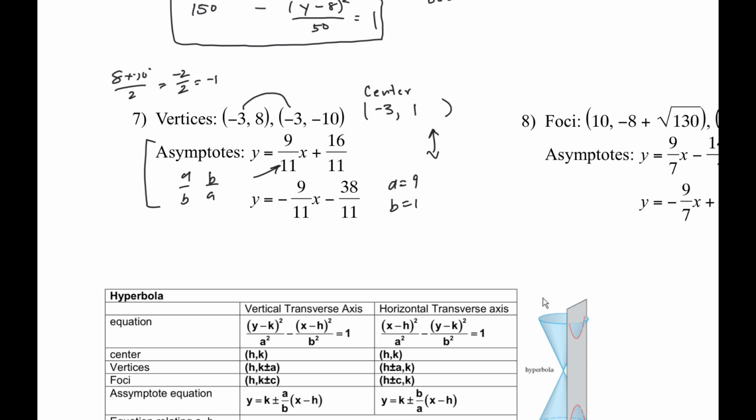B is 11. A and b are always going to be positive values because they're representing distances. Even though the slope is going to be negative and positive, don't let that throw you off. That comes from the equation inside the hyperbola down here. And if you wanted to double check yourself, one of the ways you can do that is you can look at the vertices, right? I can subtract these 2 points, 8 minus -10.